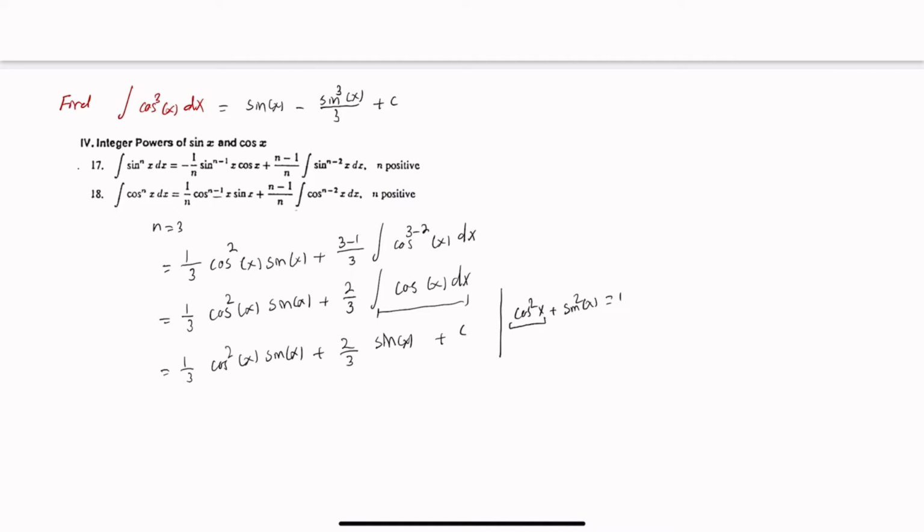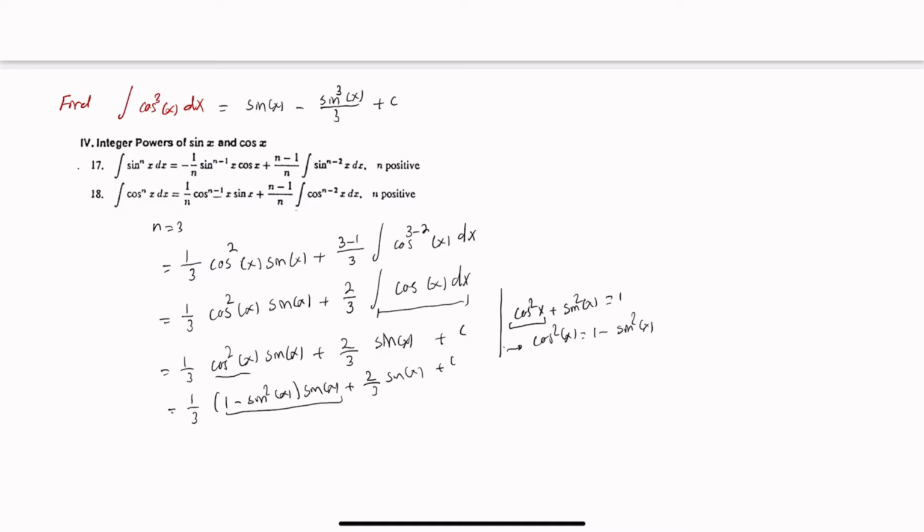I'm going to solve for cosine square of x, so cosine square of x is equal to 1 minus sine square of x. So that's going to be 1 over 3, and remember, cosine square of x is this one here, which is going to be 1 minus sine square of x, then multiplied by sine of x, plus 2 over 3 sine of x plus c.